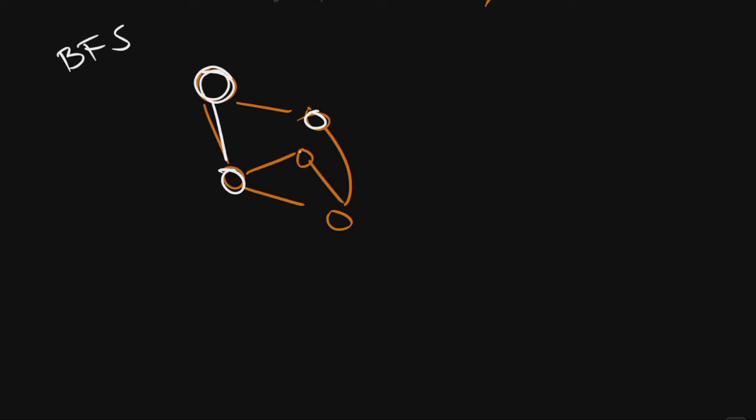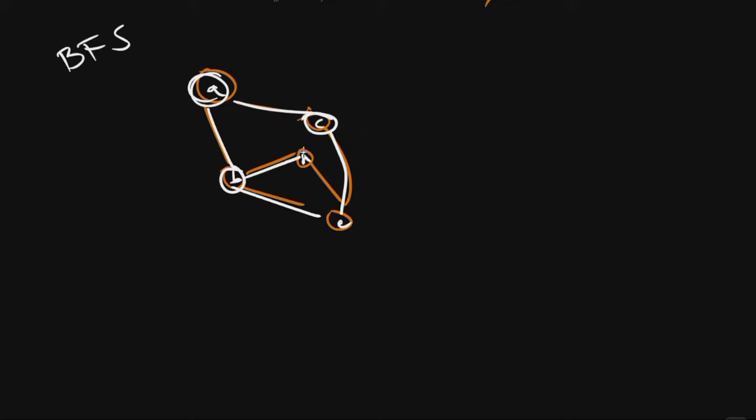Instead of saying this and that, let's just take A, B, C, D, and E. Let's say our starting node is A. I will visit and mark all the children of A, so it will be B and C. Then I will take out B and mark all of its children, so it will be D and E. Then I will go to the children of C and mark them. C has only one child, E.